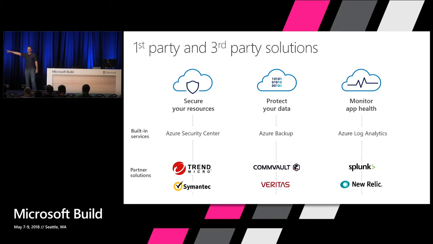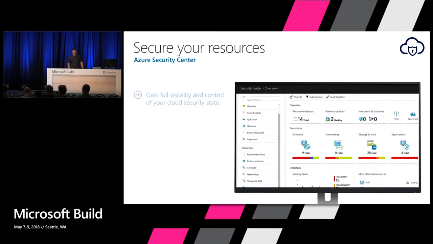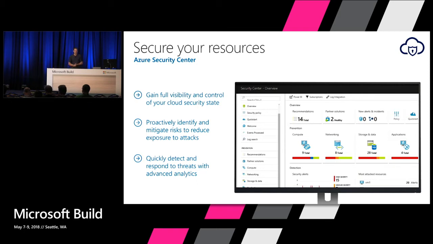If you've got Symantec antivirus, you're not done here. If you're using Symantec CWP solution, you're done. That's great. I don't care. But do make sure that you go ahead and secure, backup, and monitor your information. And with that, I'll dive in and show you the Microsoft level products that are first party and built into the platform that enable that.